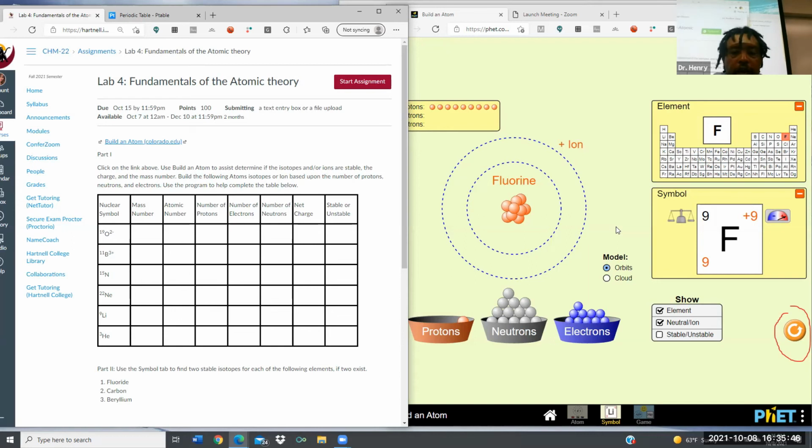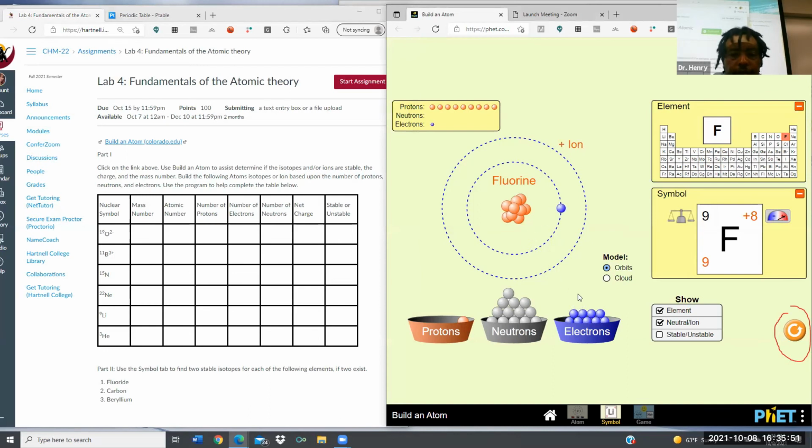Now you're going to drag in 9 electrons because it's going to be neutrally charged.